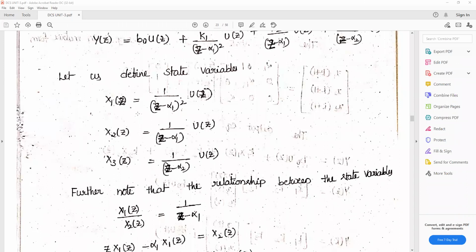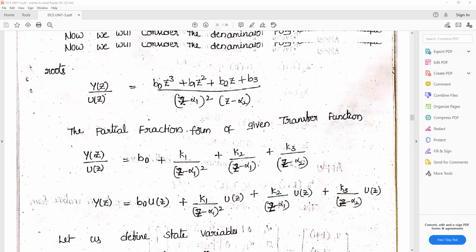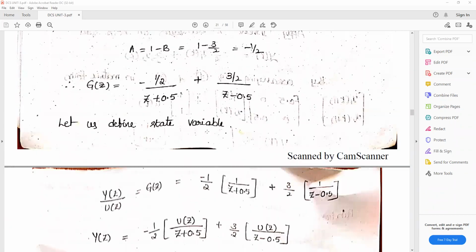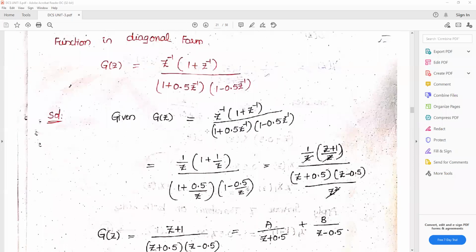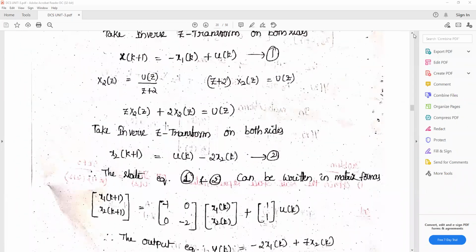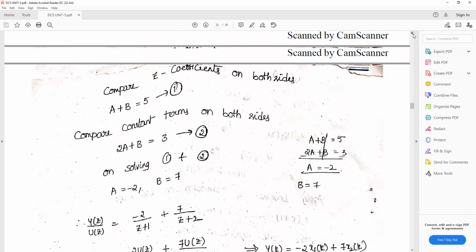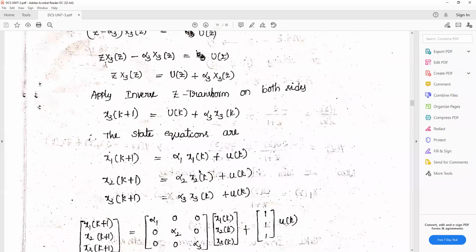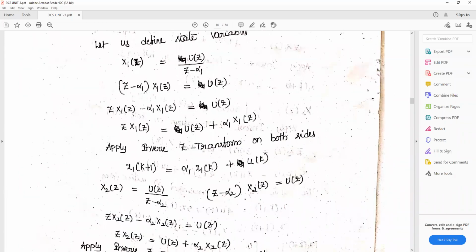So x1 of z is 1 by z minus alpha 1 into u of z, so x1 of z is u of z by z minus alpha 1.